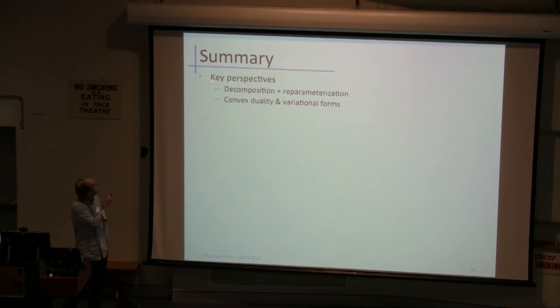So in summary, I just want to emphasize the key perspectives behind variational inference. The two key ideas are that we can take a large problem and decompose it into smaller cliques, so reason only about smaller cliques, and then use reparameterization to shift parts of the model between those cliques and expose the parts of the answer that we're interested in.